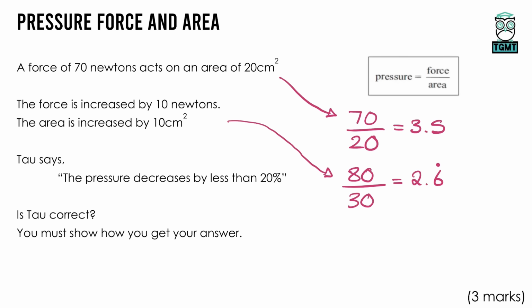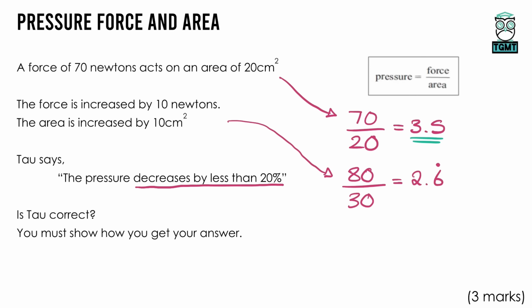It says Tau says the pressure decreases by less than 20%. So let's just have a look. Decreases by less than 20%. So if we work out 10% of the pressure up here, 3.5, and then double that, or just work out 20%, and subtract that from 3.5, we can compare it to this 2.6 recurring, and then we'll decide if it's more or less.